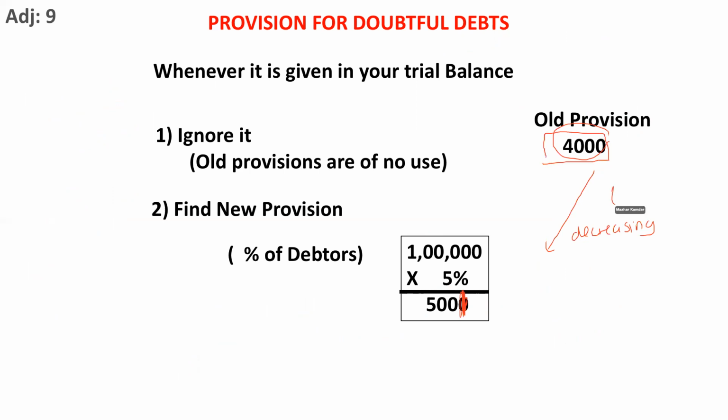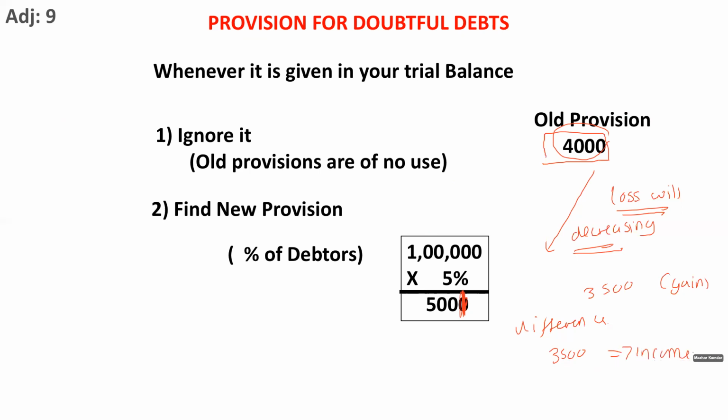Your loss will decrease. So now 3,500 I'm in a gaining position. The difference between the old provision and the new provision is 3,500. That is a gain for you. Now you think you are not going to get so much of loss. So this will be shown as income, not expense.